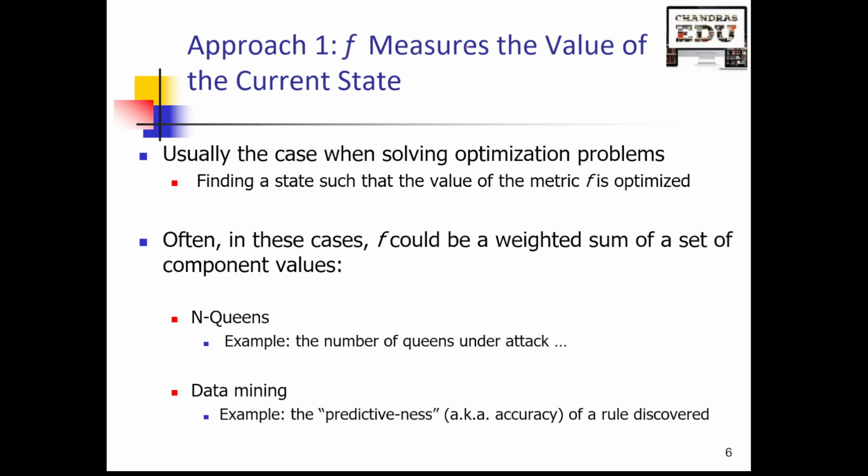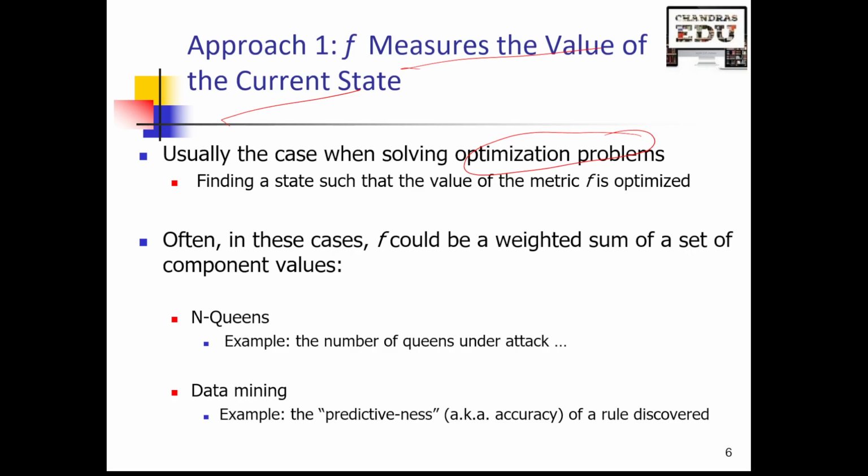The first one is measuring the value of the current state. That is approach 1. It is mostly used in solving optimization problems. Sometimes distance may be a factor. Sometimes safety is of importance.